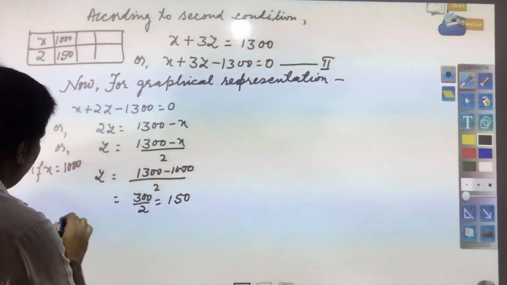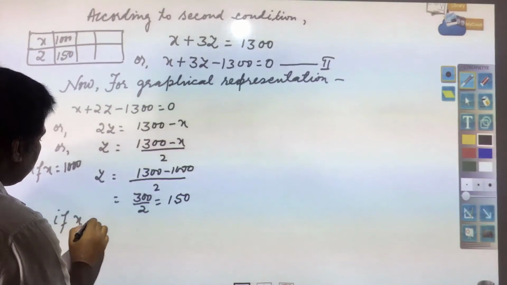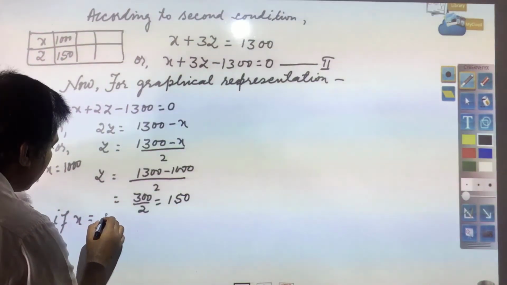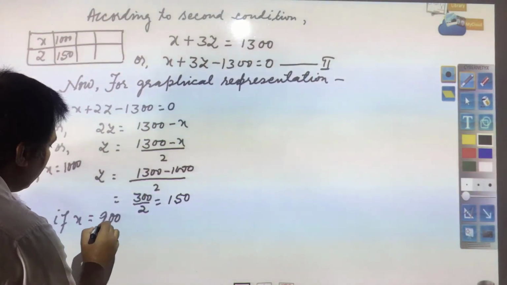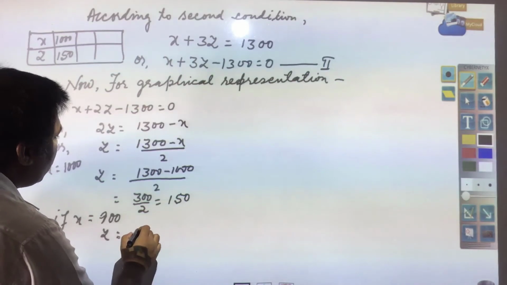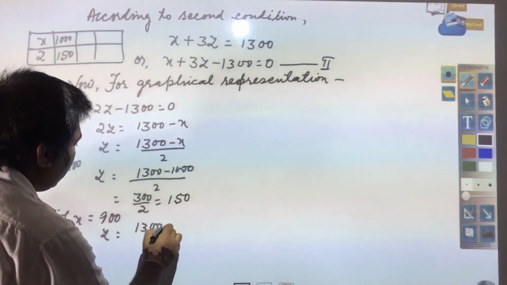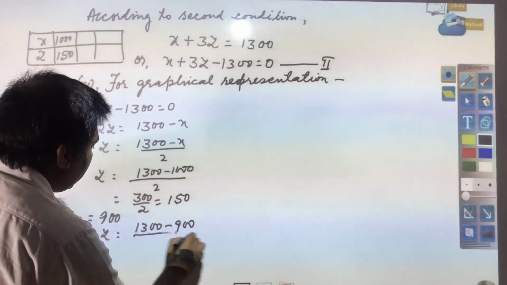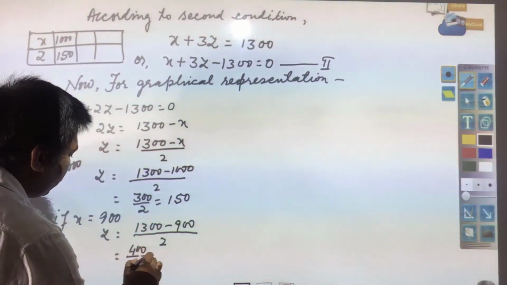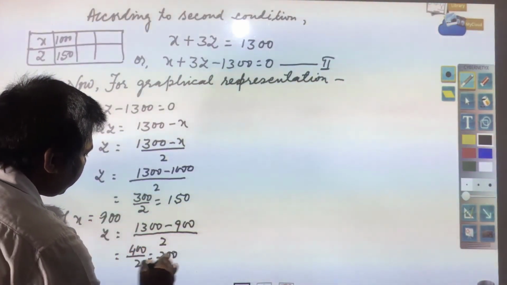Second, suppose x is 900, then y will be (1300 minus 900) divided by 2, it means 400 by 2, it means 200.